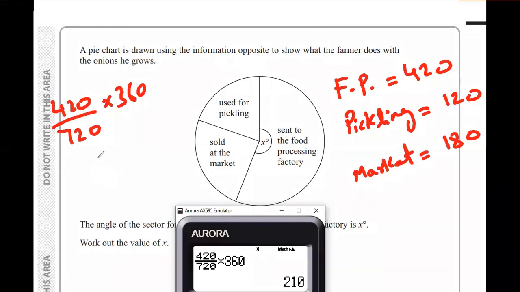So that equals 210 degrees. Therefore, X is 210 degrees.